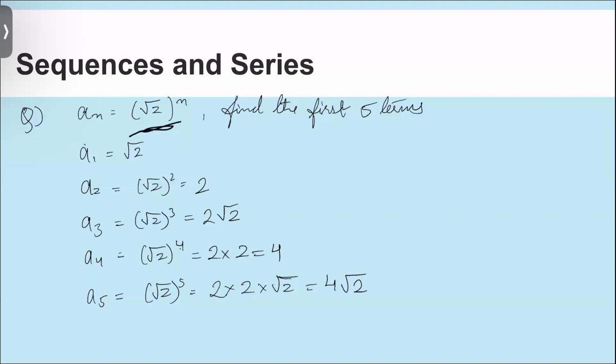So the sequence up to the 5th term is root 2, 2, 2 root 2, then you have 4, and then you have 4 root 2. Okay, so you can see that this is the sequence up to the fifth term.